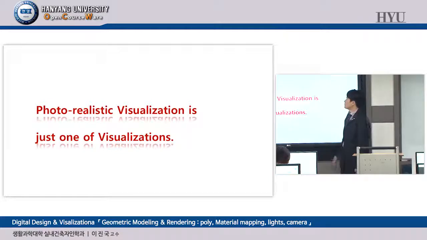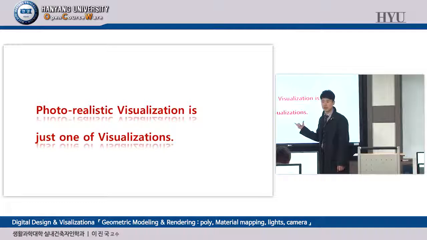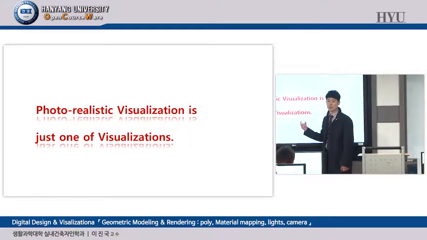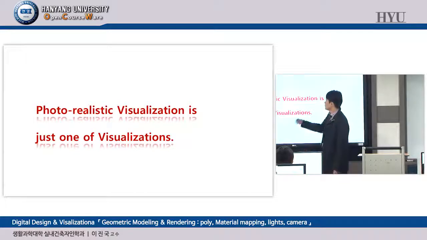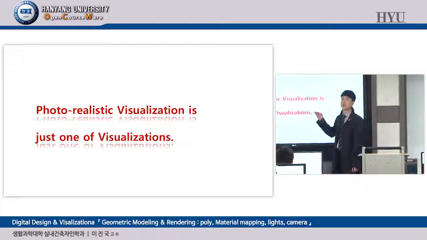But actually, photorealistic visualization is just one of the visualizations, not all the visualization you need to do. My point here is, again, I told you this a lot when you were freshmen. Photorealistic visualization is just one of the types of architectural visualizations.